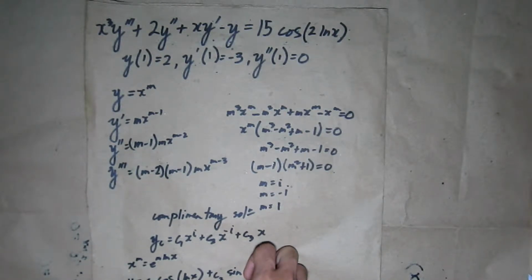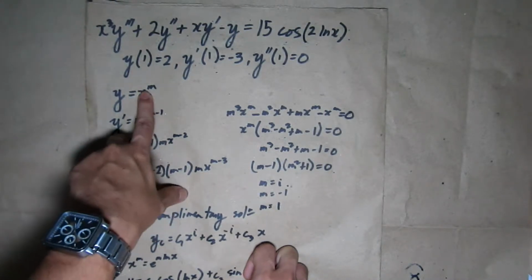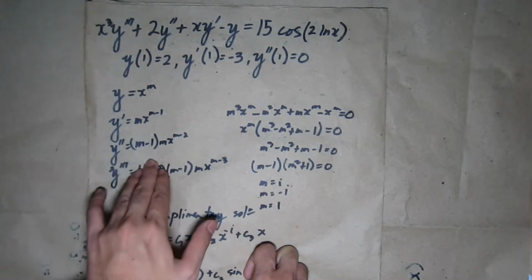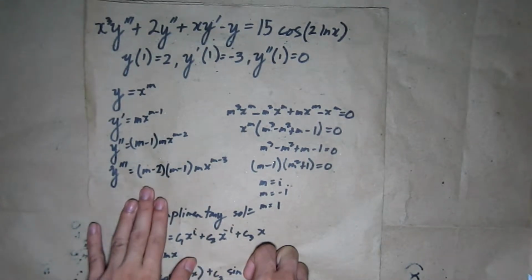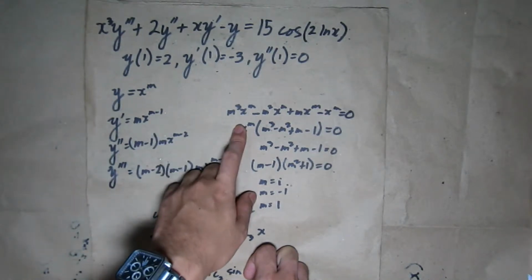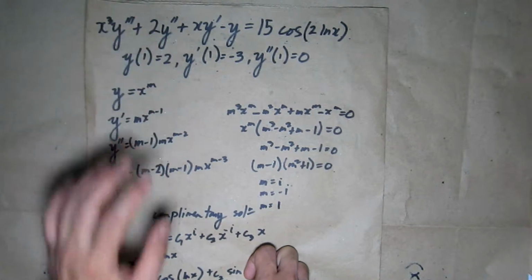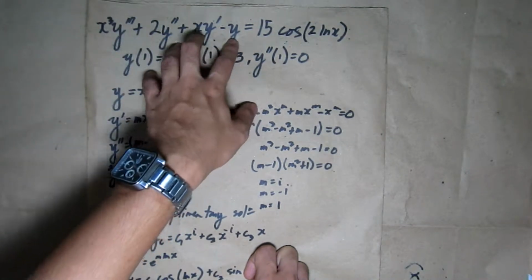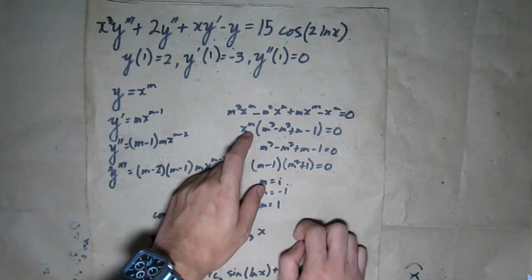So we let y is equal to x raised to the power of m, and then we solve its derivatives up to the third derivative, and then substitute it into the complementary solution, where this expression is equal to 0, and then we factor out x raised to the power of m.